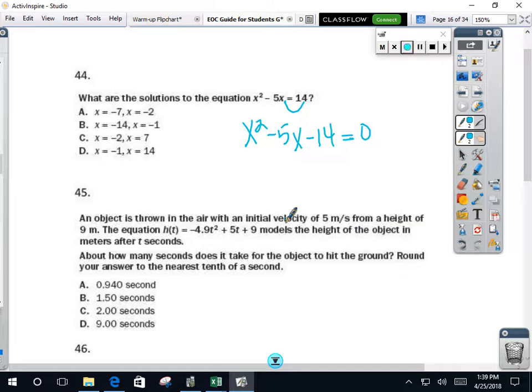Okay, where did it cross the x-axis? Right, 7 and -2, so C.